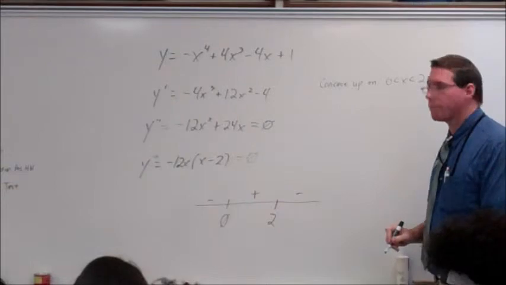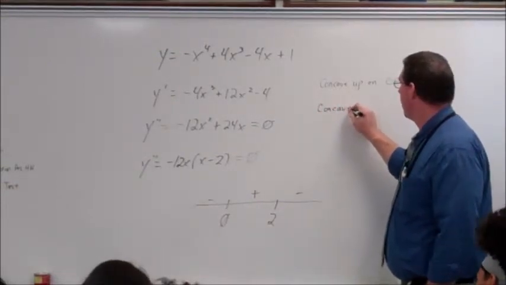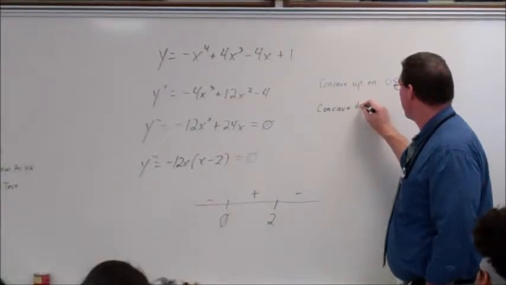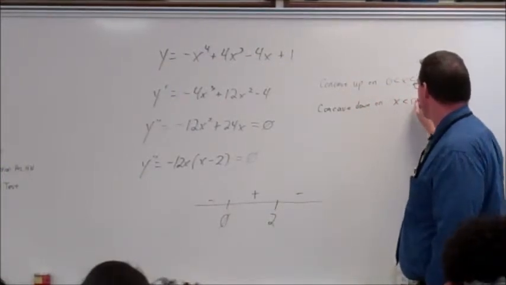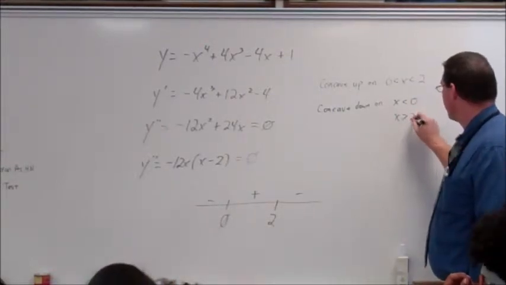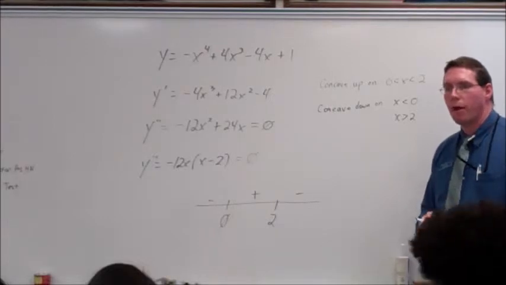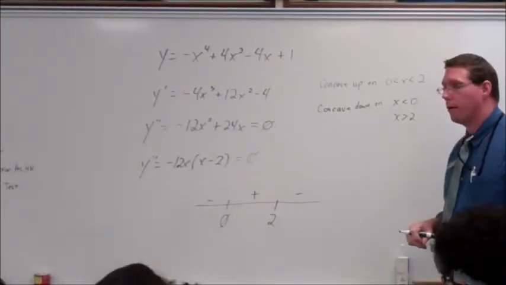Okay. What about concave down? Down. And another way to say that is for all values of x less than 0 and all values of x greater than 2. There we go. Okay? Yeah, that'd be fine. Yeah, it'd be the same.